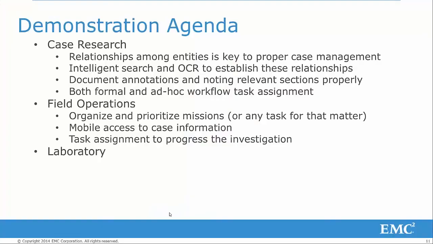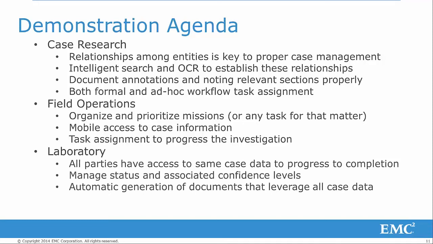Now we're going to continue with our third and final use case of the demonstration. To review, we've already gone through the research area. We assigned a task to field operations for a mission. The outcome of that required going to some physical evidence, going to a laboratory to investigate where it could be related. The things we'll review are, at this point, it should be pretty obvious.